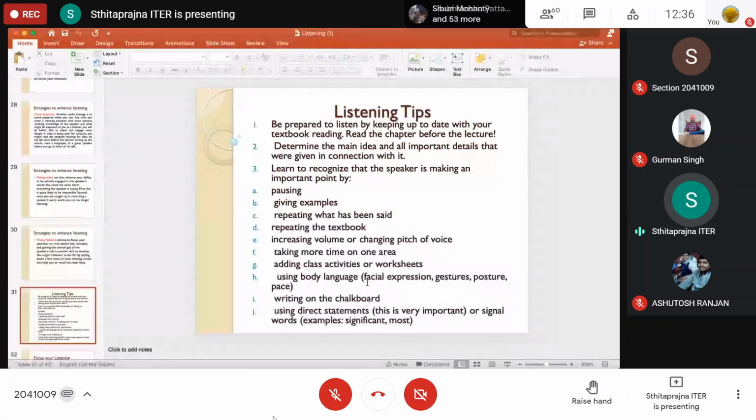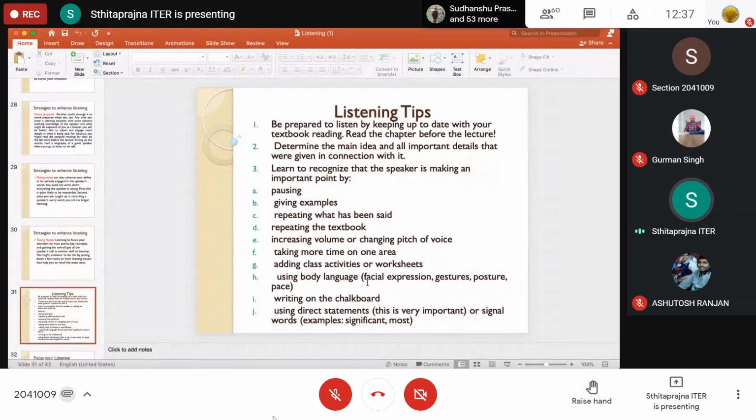So broadly, I tried to cover everything. And the follow-up exercise for listening was the documentary that I made you listen to in the lab. There are other associated activities with that, but since I'm not able to see you, I'm not able to observe you physically, I'm not able to give you that. So when we add class activities or worksheets to the ensuing chapters, that means it's important.